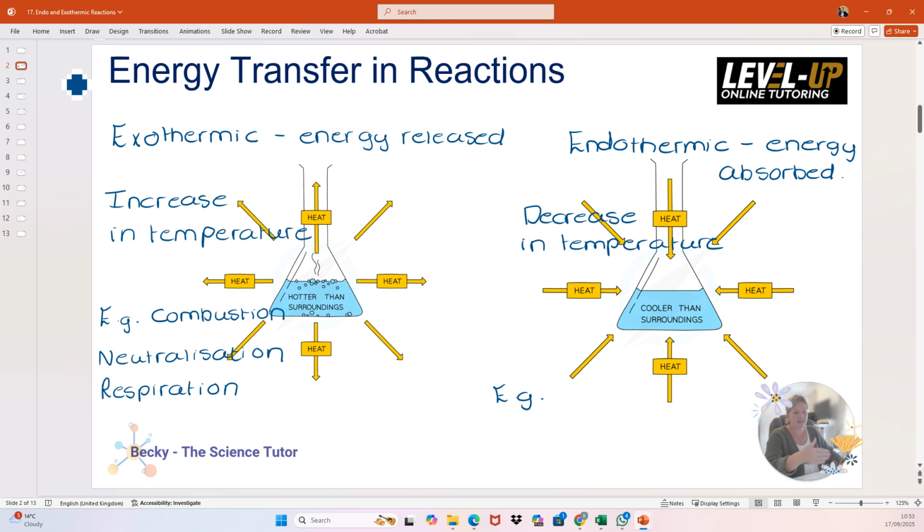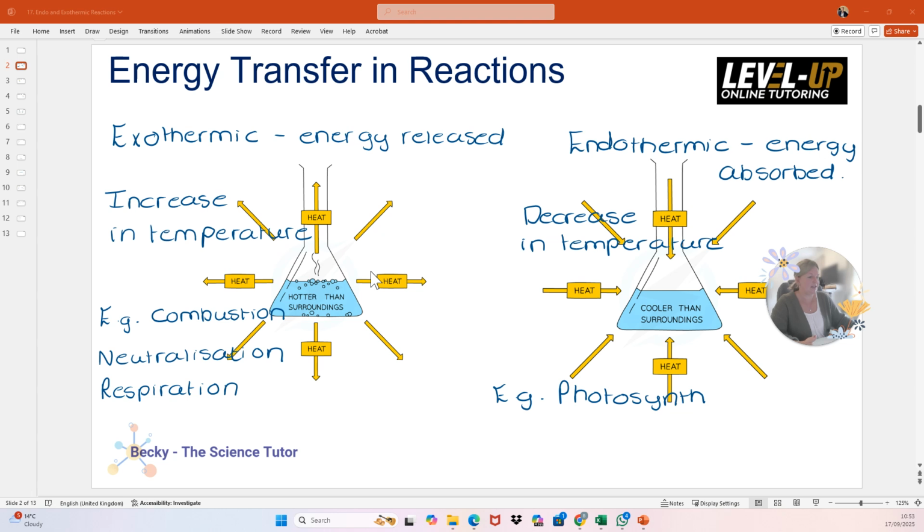If we think about the opposite of respiration, thinking biologically, we have photosynthesis, because the plant is taking in that energy in order to carry out photosynthesis.